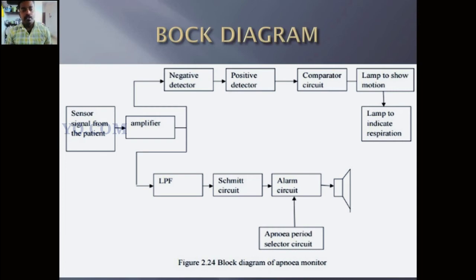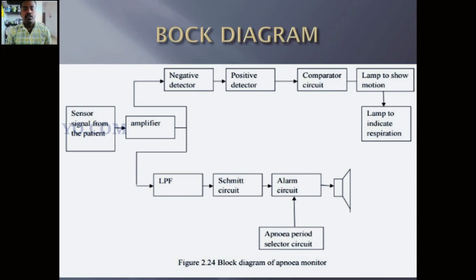Then the amplifier output is given into two different branches. One is given to the negative detector, after that the positive detector, then the comparator circuit, then a lamp to show motion, a lamp to indicate respiration.